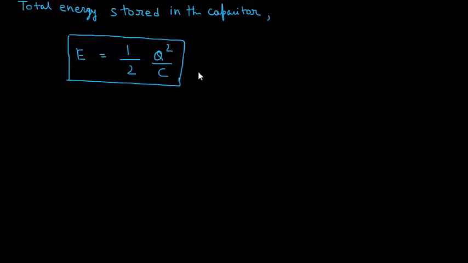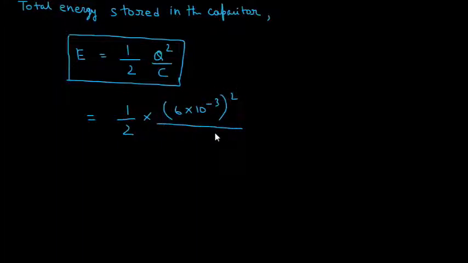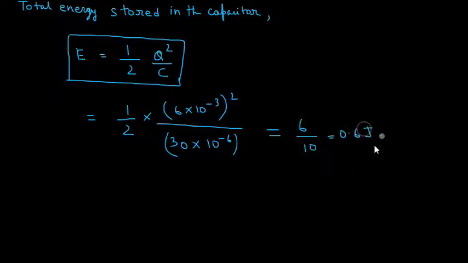So E is equal to half, Q's value is 6 into 10 to the power minus 3 whole square, and C's value is 30 multiplied by 10 to the power minus 6. Upon solving, we get 0.6 joule.